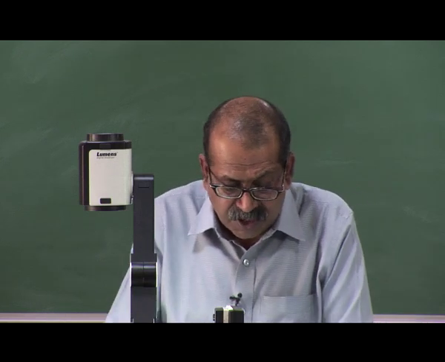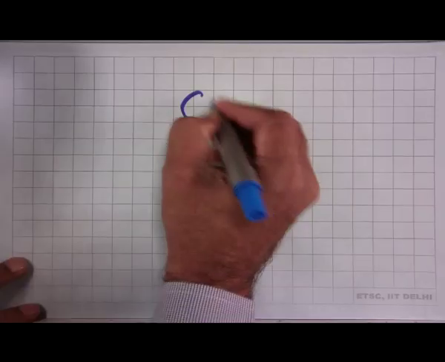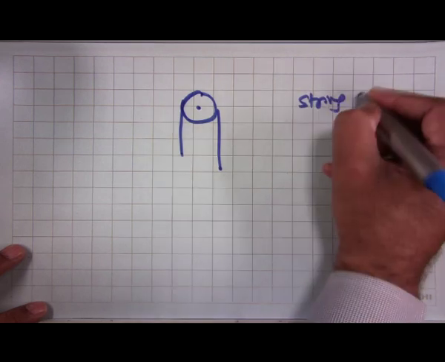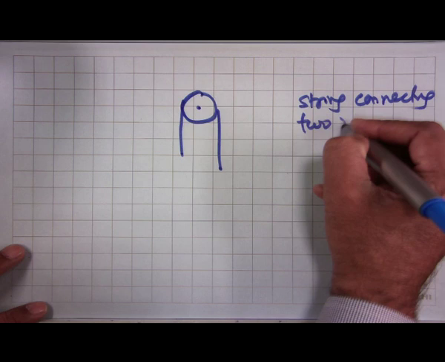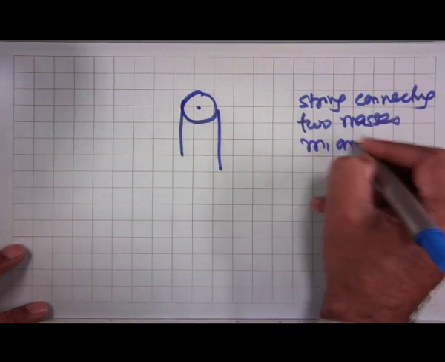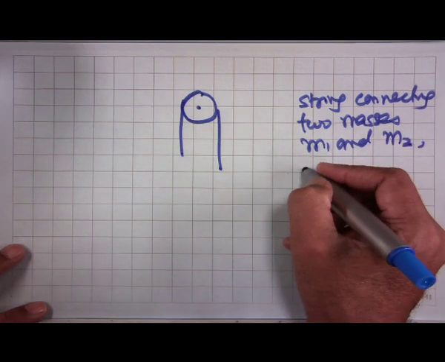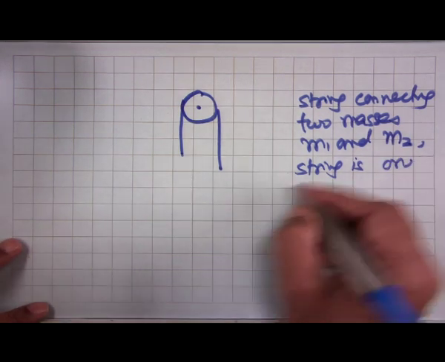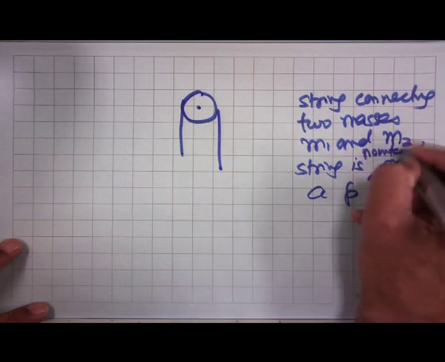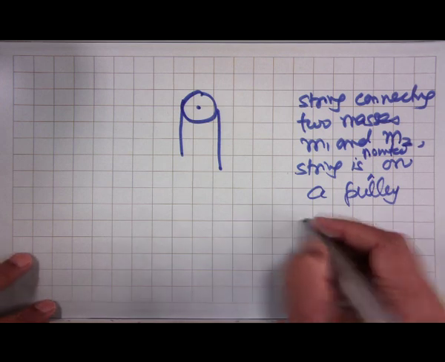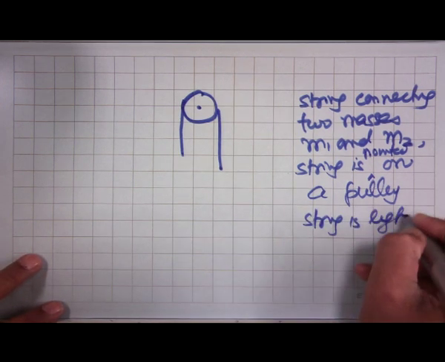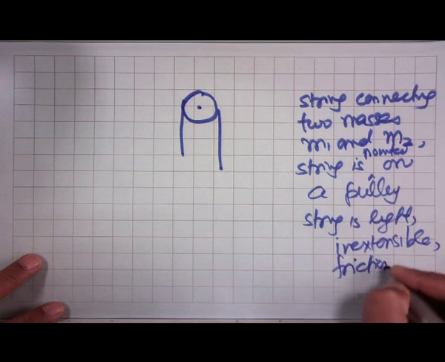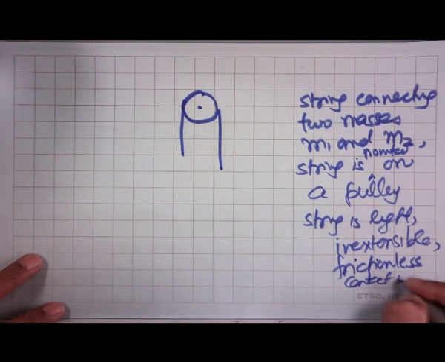So, as a very simple first case, what we consider is there is a pulley on which we have a string connecting 2 masses m1 and m2, and the string is mounted on a pulley, and it is given that the string is light, inextensible, and the contact with the pulley is frictionless.